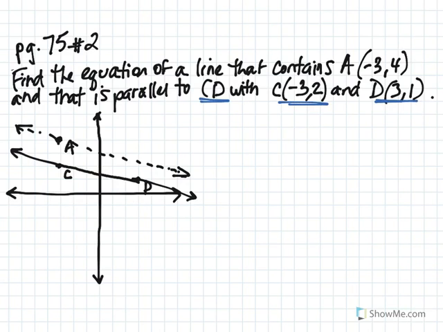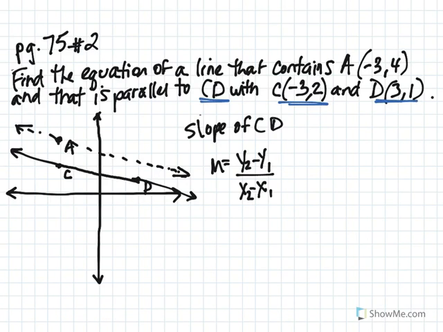So the first thing we need to do is find the slope of CD. The equation for slope, m equals y2 minus y1 over x2 minus x1. We have x1, y1, x2, y2.